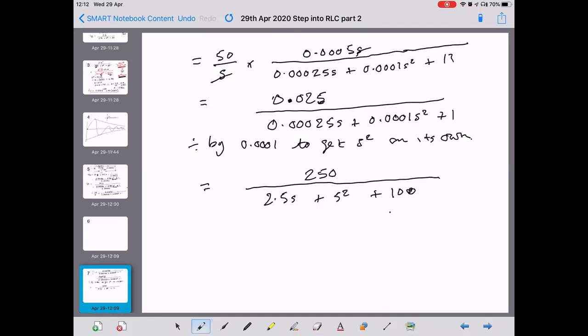I got the bottom line right, but I didn't get the 250. I got 5 for that because I forgot to times the other one by 50. You multiplied the top by 50. So I carried on with a 0.0005. You'll learn by that mistake then, won't you?